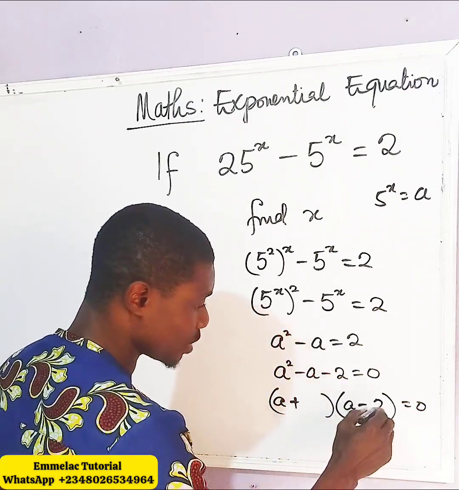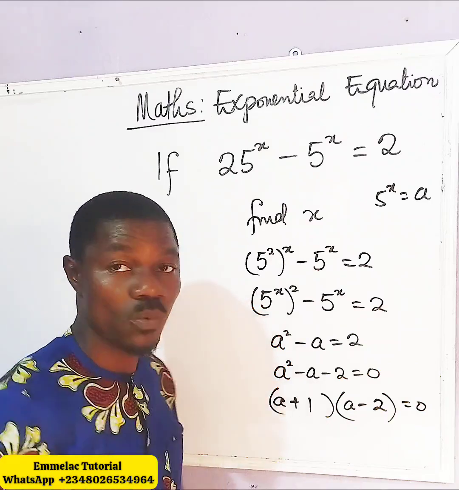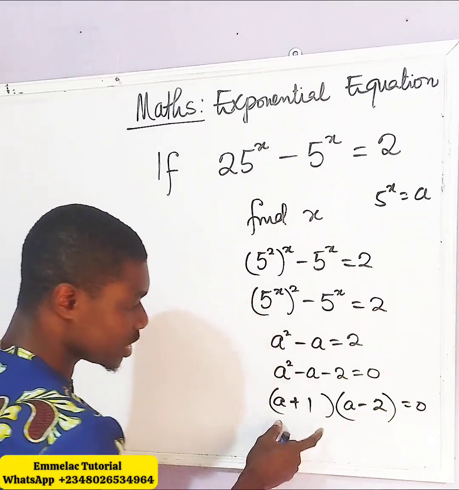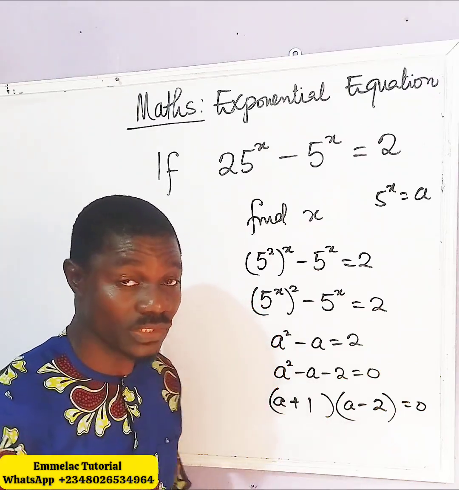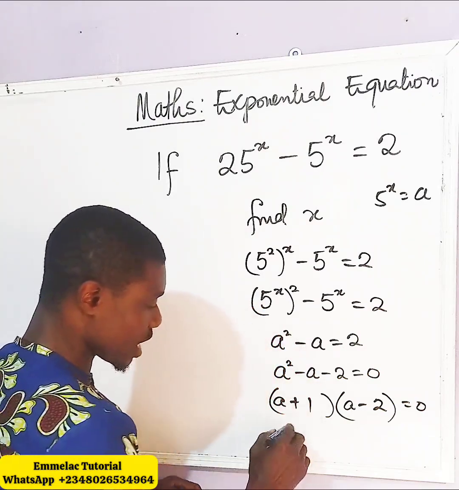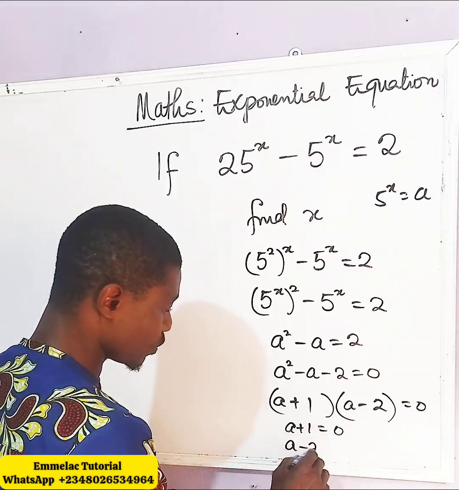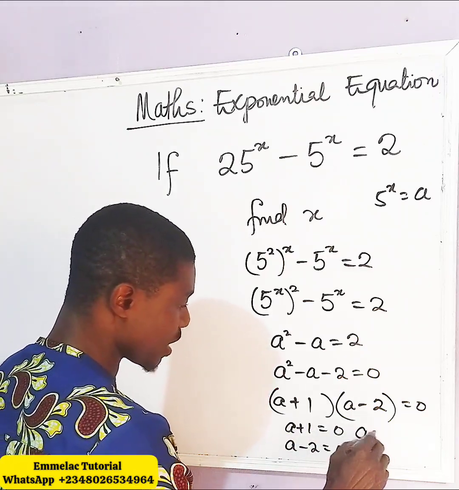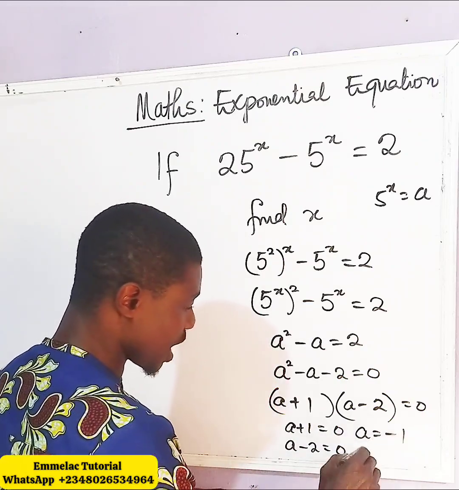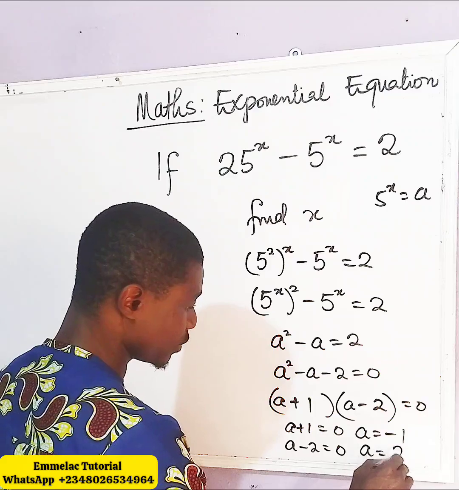So here we put our 2 and here we put our 1. So to this end, since these 2 terms equal 0, it implies that a plus 1 will be equal to 0 and a minus 2 equals 0. So a here will give us negative 1 and a here will give us 2.